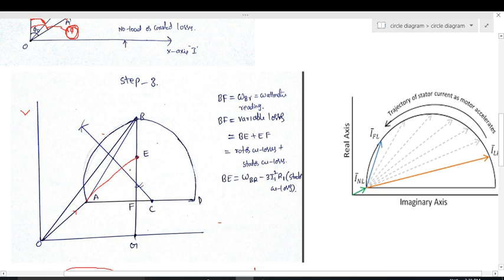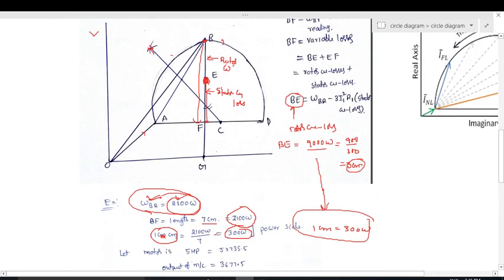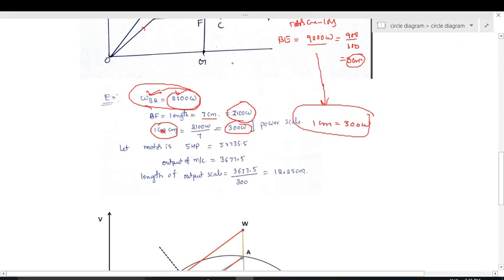Why is it the torque line? It divides the stator copper losses and the rotor copper losses. Rotor copper losses are nothing but torque. The more current in the rotor, the more copper losses, and the more the torque. That's why this is the torque line. So this is the procedure.